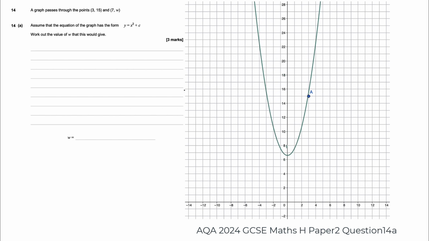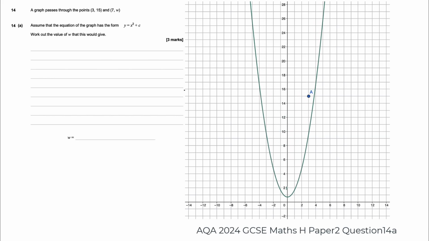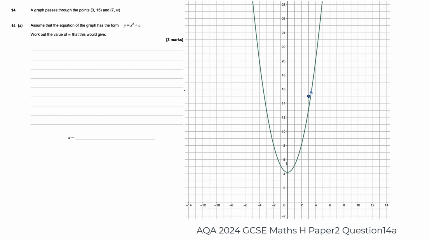Now there is only one value of c, it looks to be around 6, where the point A, that's the point (3, 15) that we're given, lies on that curve. So one curve only will pass through the point A. If c is too much, it won't pass. If c is too little, it won't pass through.